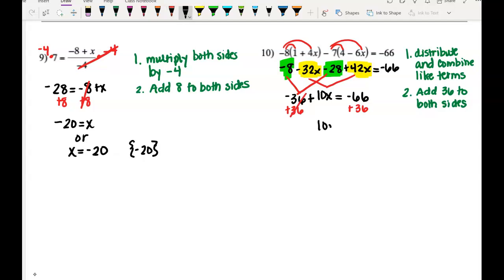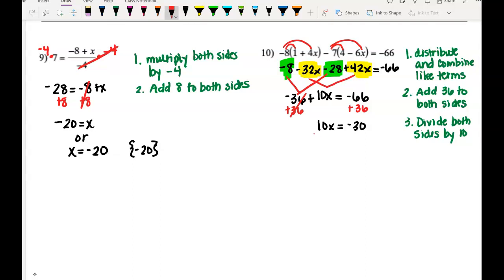So I have 10x equals, what's negative 66 plus 36? Negative 30. And then I need to divide both sides by 10.